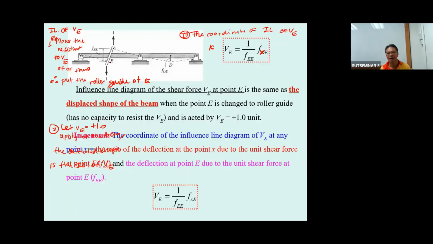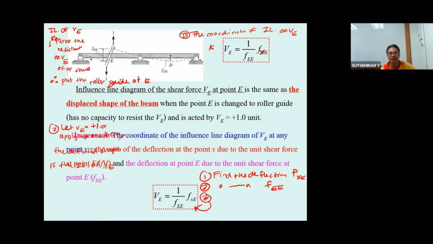If you follow this, you have to find the deflection f sub xE first, and second, you find the deflection f sub E, and then put them into this equation.